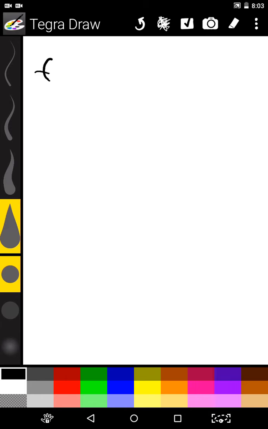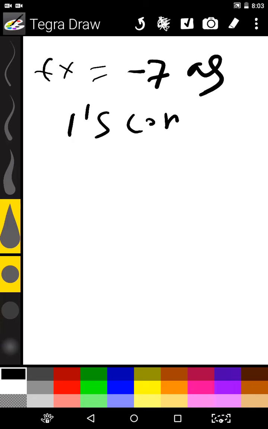Now for example, we need to represent -7 in 1s complement representation.